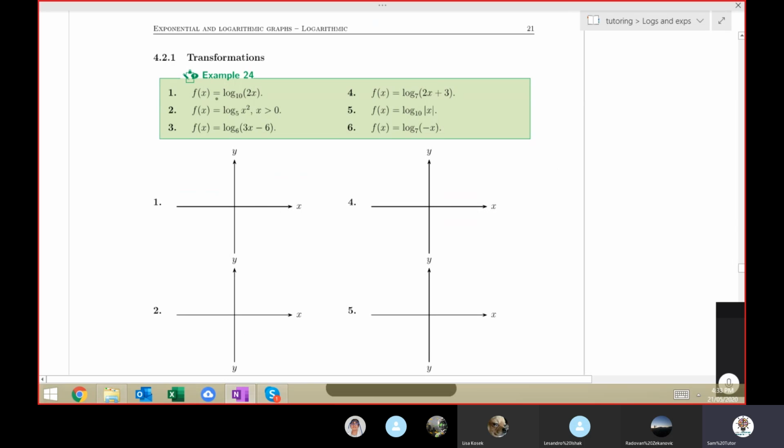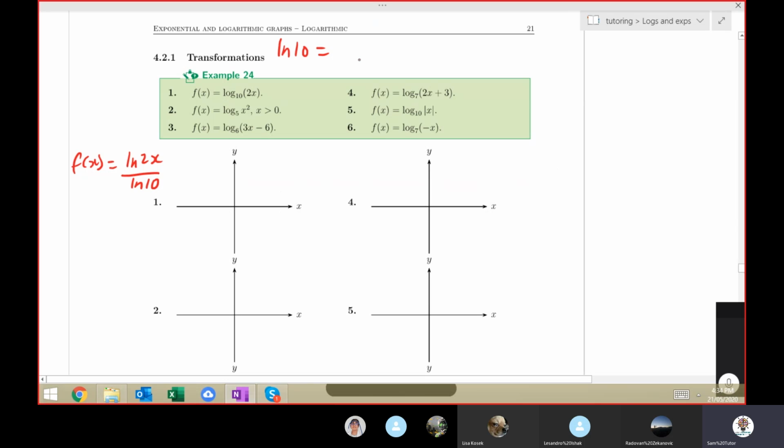Let's do it. Your sub-bases here, if we remember from what we learned last week, f of x is, to draw this, it's just drawing ln 2x on ln 10. Now, ln 10, what you guys got to start to learn is that it's just a constant. If you plug it into your calculator, give me a second, let me do it.